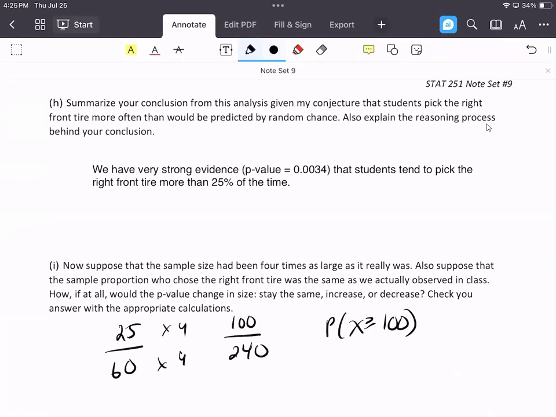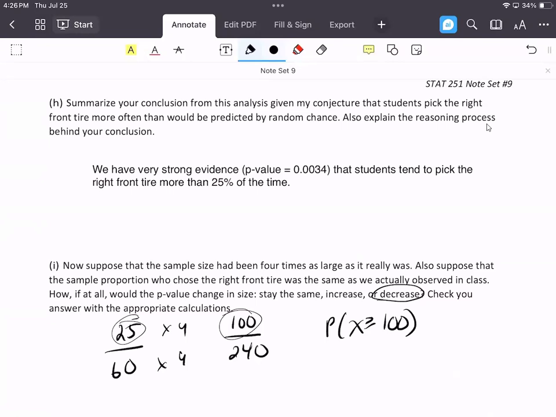Remember we talked earlier in the quarter that it's easier to see guessing when you have more questions? Same thing here. It's going to be easier to see that it's an unusual result when you have a larger sample size and, in this case, the same proportion of students who chose the right front tire. So the p-value is going to go down. A smaller p-value provides you more support for the alternate hypothesis, in other words, against the null.